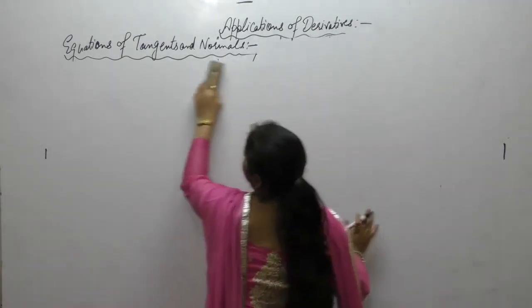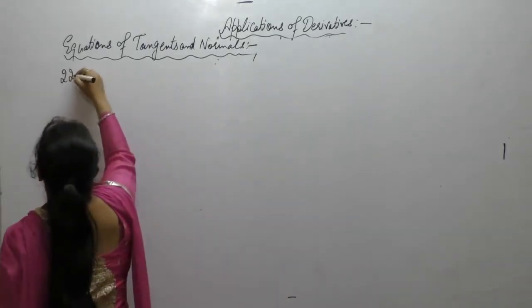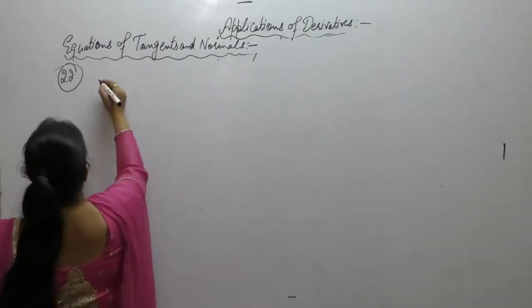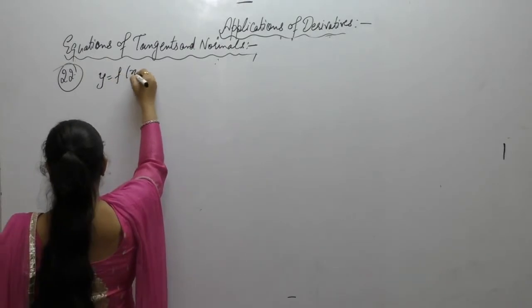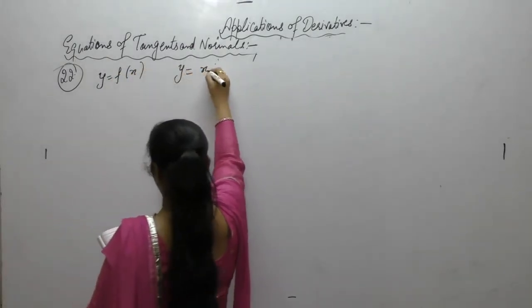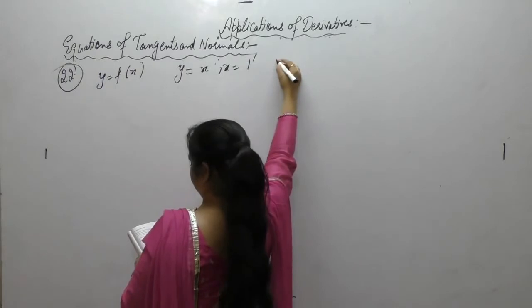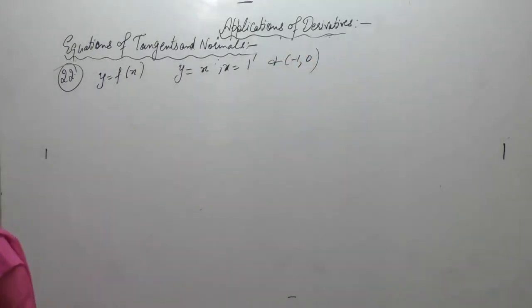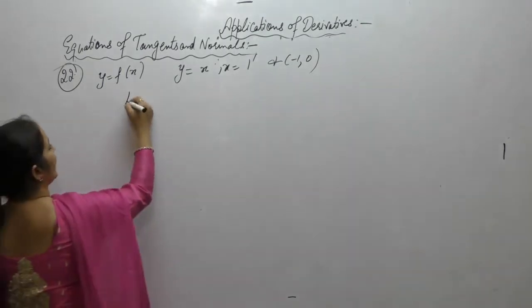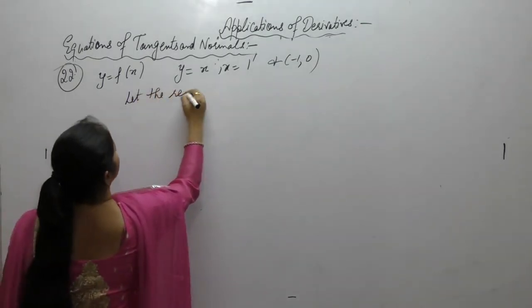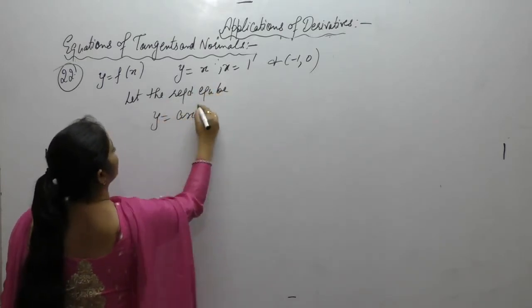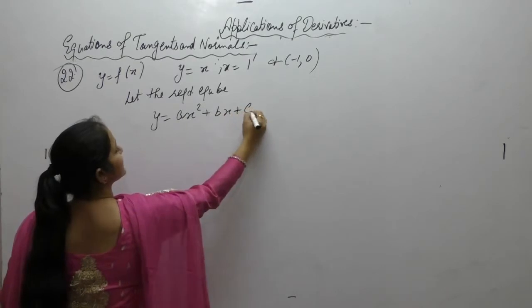Now the next question. Determine the quadratic curve if it touches the line y is equals to x at point x is equals to 1 and passes through minus 1, 0. Equation y is equals to ax square plus bx plus c.